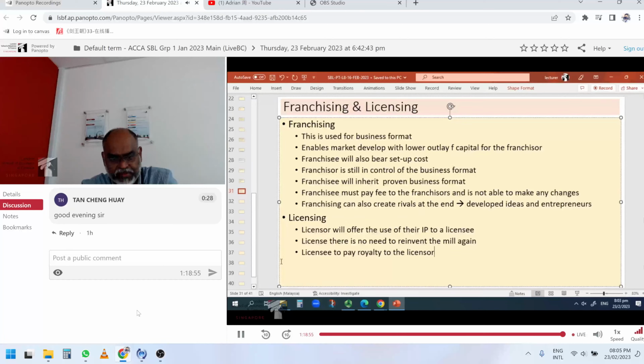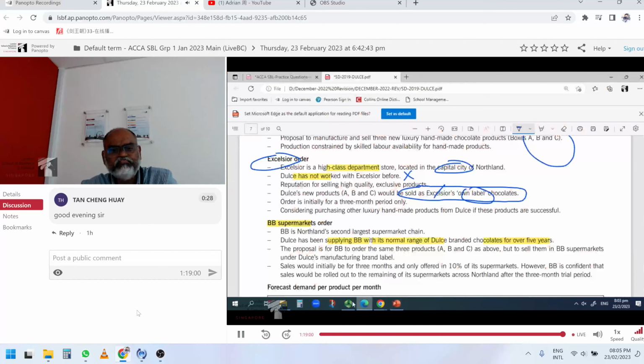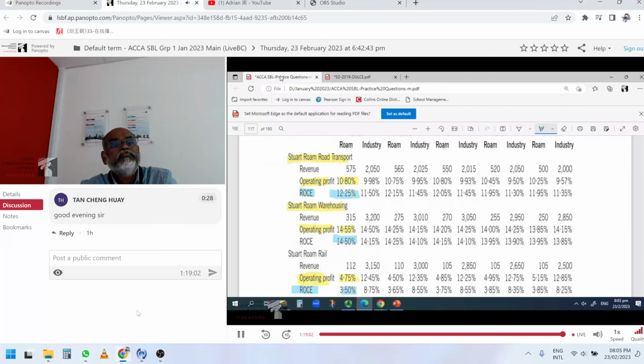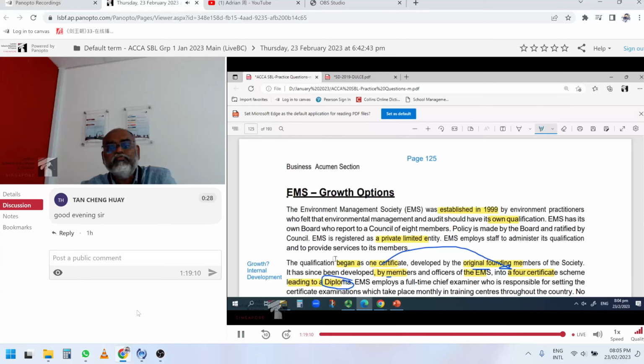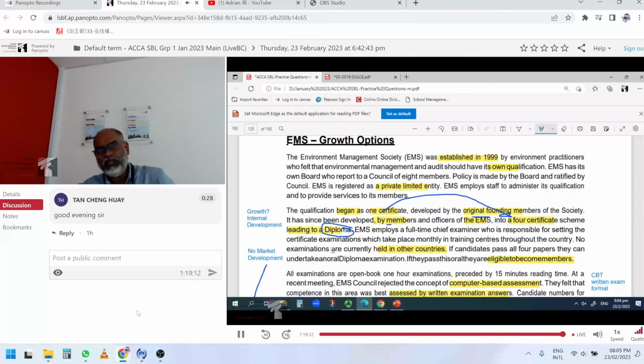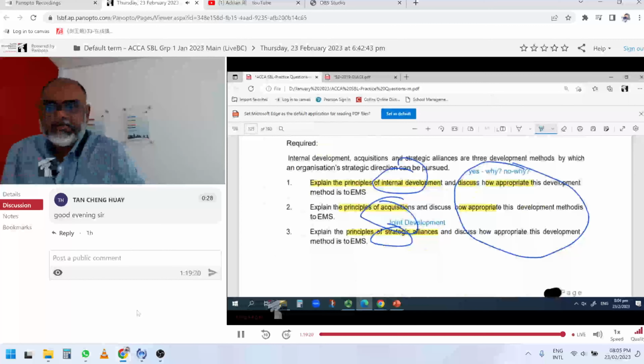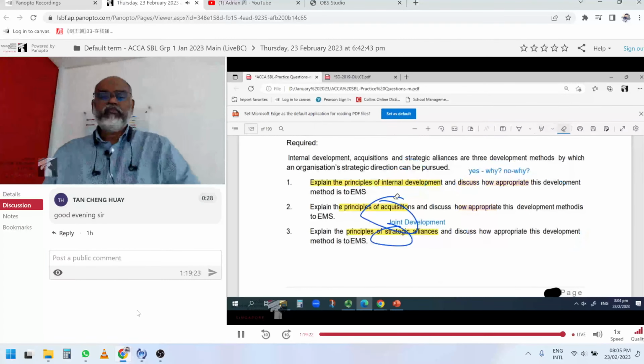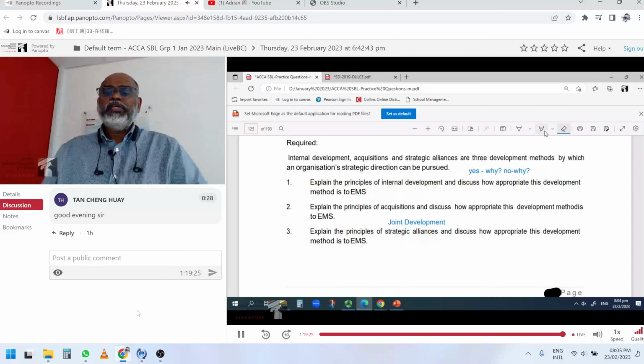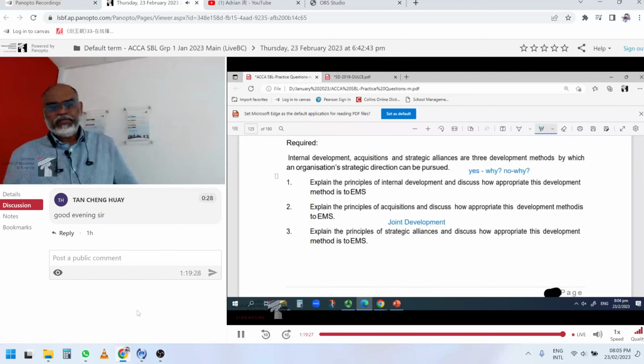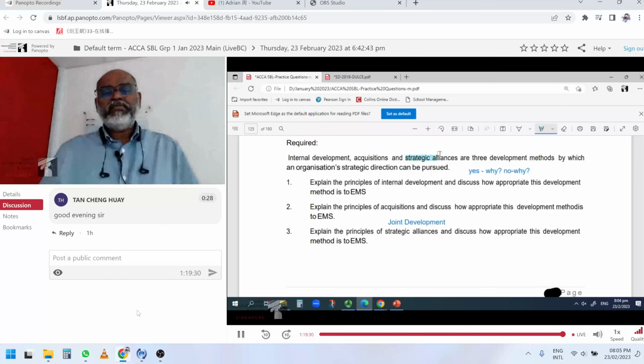A simple question on question book page number 125. The question that we are looking at is internal development, acquisitions and strategic alliances.